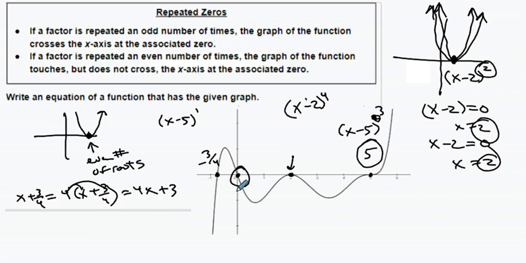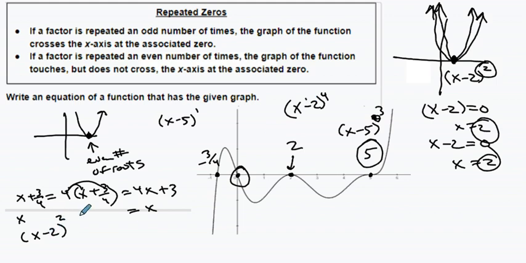This one, remember, whenever you get 0, it's just x. So we've got x over here, and then this one, which I know is at least a double root. It's going to be x minus 2, because the 2 is positive, so it would be the opposite.